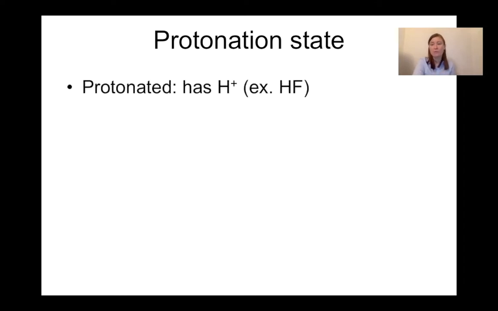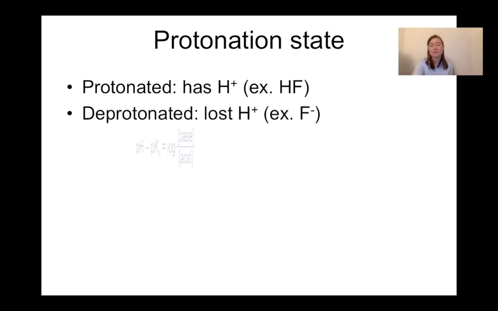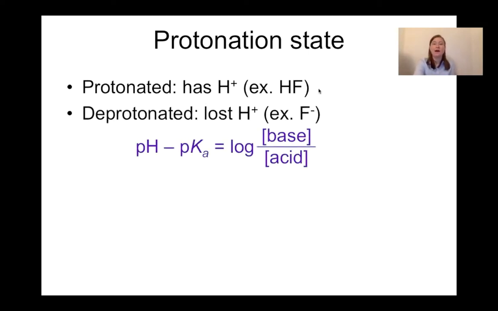When we say something's protonated, we mean it has H+. For example, HF would be a protonated molecule. When something's deprotonated, it's lost H+, for example, F-. So when we're talking about something being protonated, we're really talking about the weak acid. When we're talking about something being deprotonated, we're talking about its conjugate base.